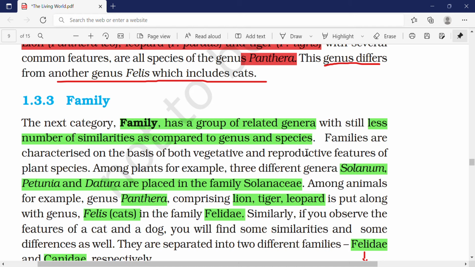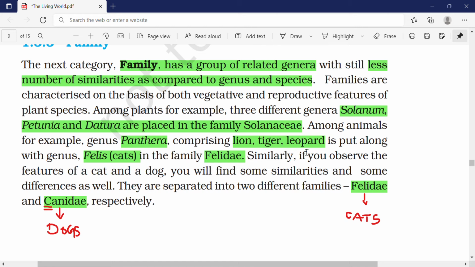It is the species. As we move from lower to upper, the similarity decreases because in a species, everything is the same. They are similar organisms. So similarity is the maximum in species. But as we move higher and higher in the taxonomical hierarchy, the similarities decrease.